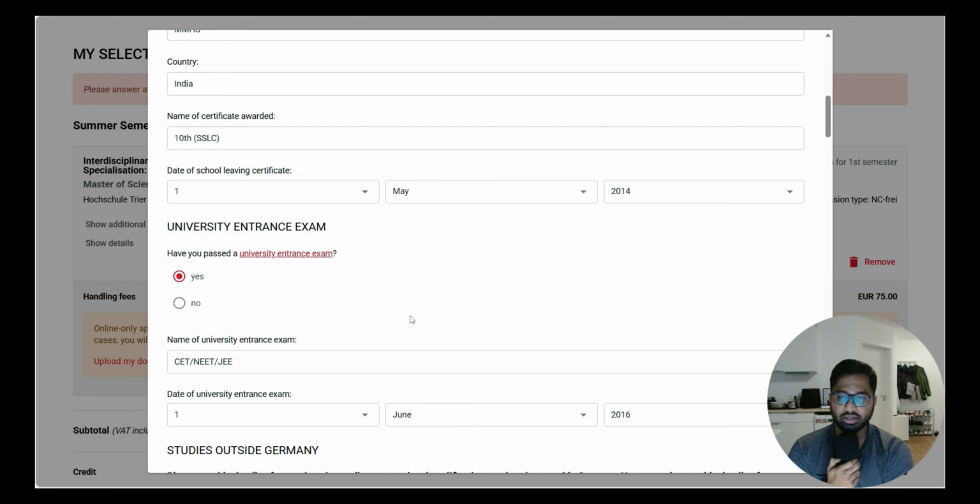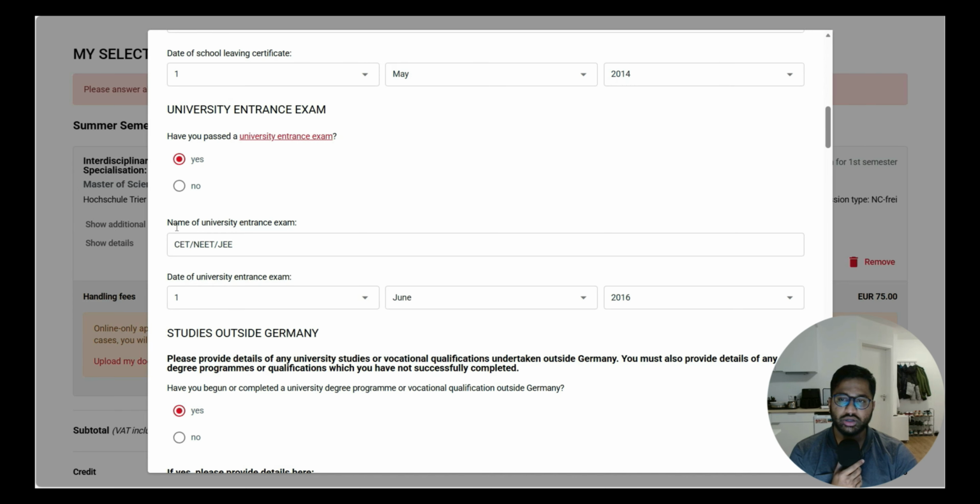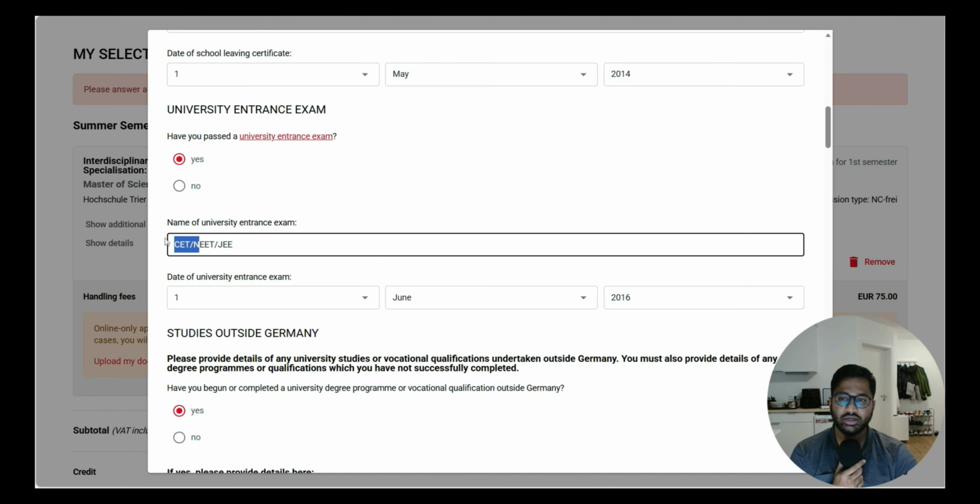If you have gone with a management seat and not taken any university entrance examination, then please click no. But if you are a person who went with government seats and went through CET ranking and things like that, then please click yes and give the CET marks there, or whichever examination you have taken. In Karnataka it would be CET, and at the national level it would be NEET, JEE Mains, etc., depending upon which exam you got a seat for your bachelor degree in India.